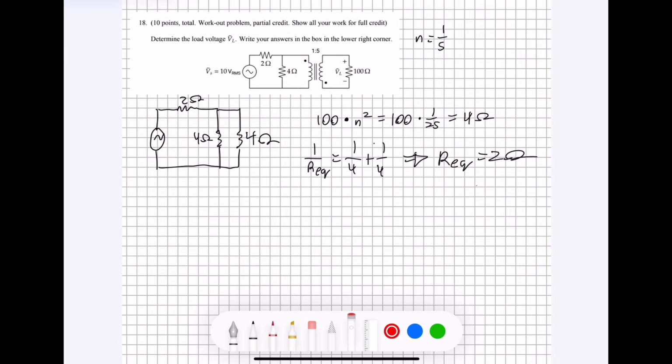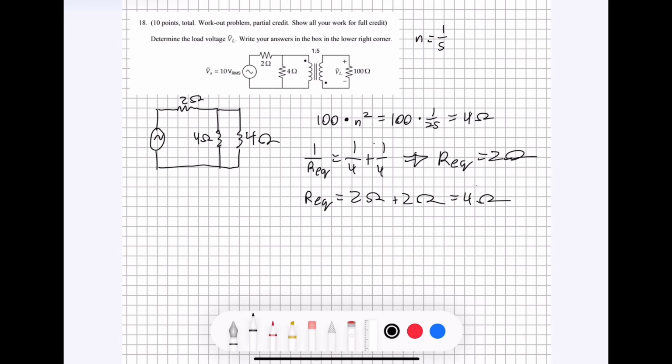If we redrew this circuit with just one resistor here, it would be 2 ohms. Then we add the 2 ohms that is in series with it, so 2 ohms plus 2 ohms is equal to 4 ohms.